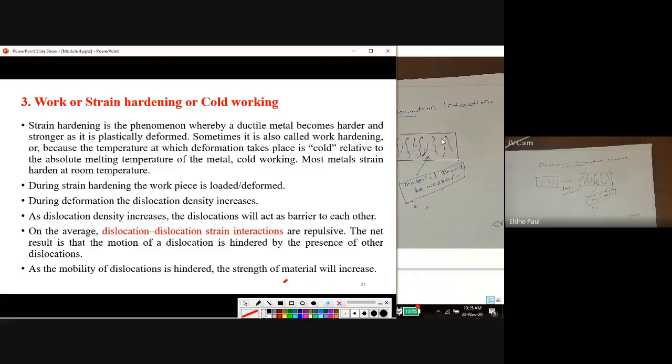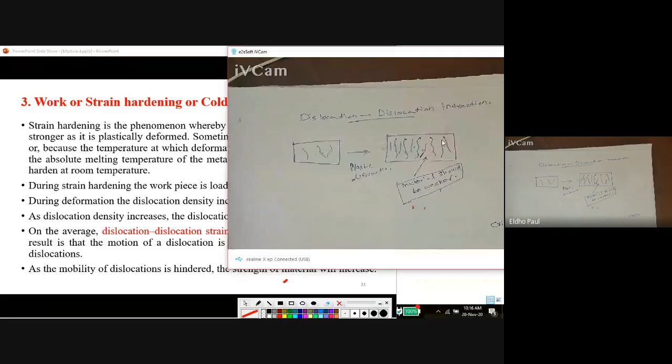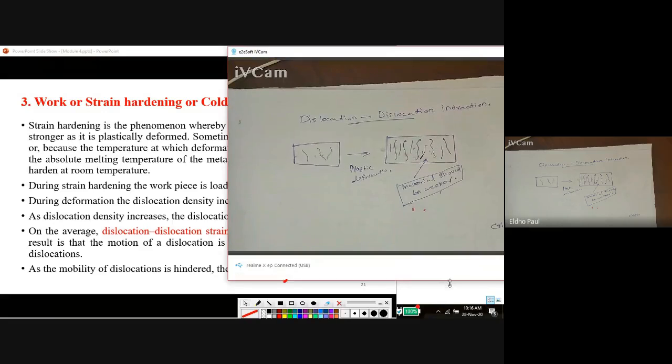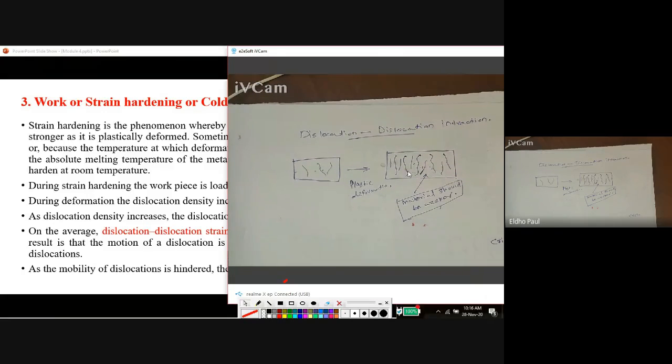Thereby, complete dislocation motion is arrested, and we can improve the strength of the material. This is the reason. By deformation, the dislocation density increases, and all the dislocations offer resistance to any other dislocation.